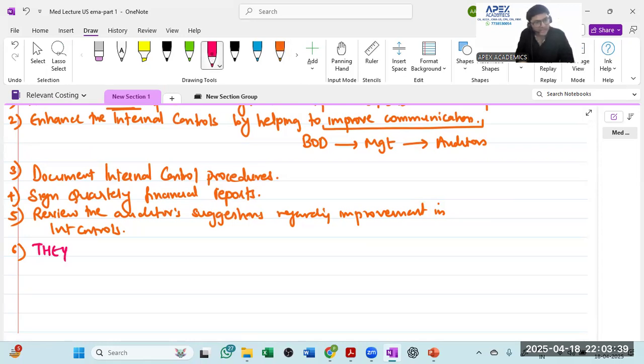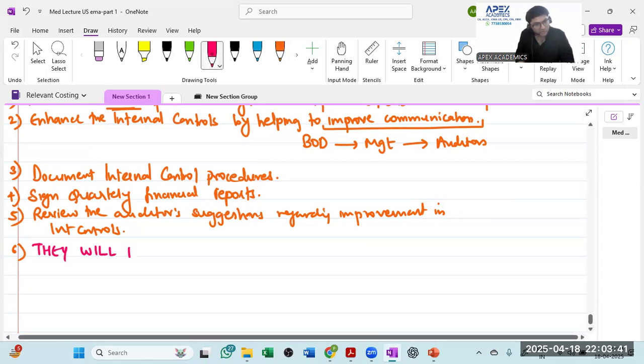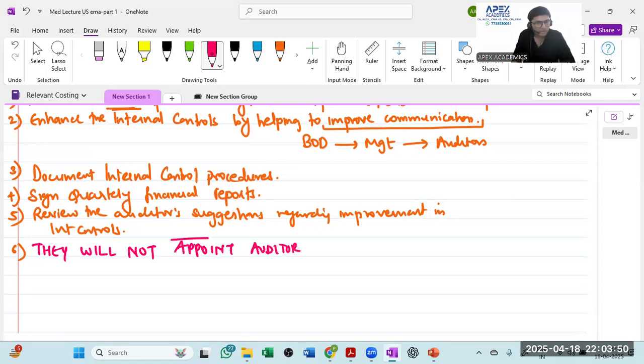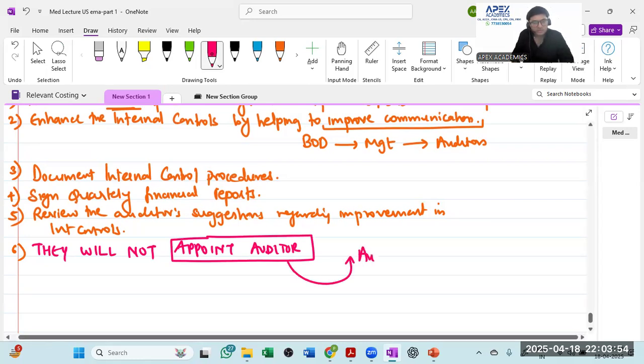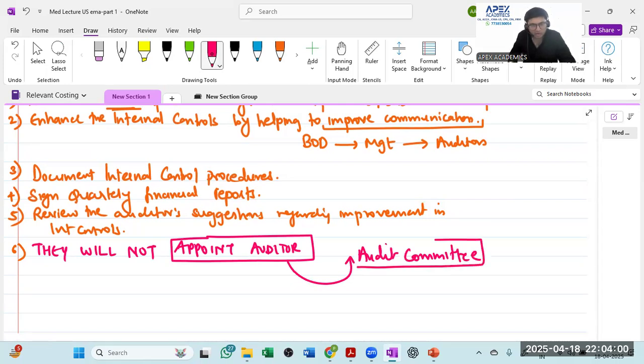Sir, they will not appoint the auditor. Sir, who will appoint the auditor? Only and only the audit committee. Who will appoint the auditor? Sir, only and only the audit committee. Only and only the audit committee will appoint the auditor.